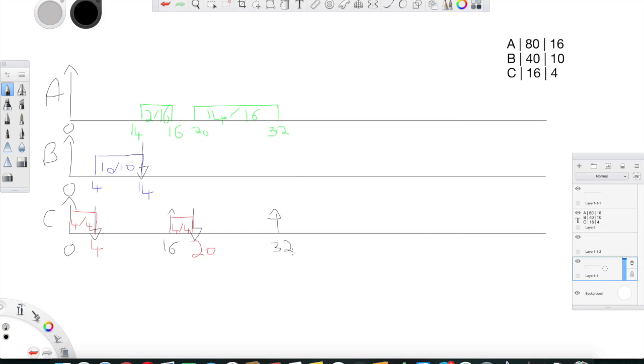Okay, once task C returned back to the system, it will execute for 4 clock ticks from 32 to 36. Okay, here is 4 out of 4. And since it finished execution, we will draw what? The downwards arrow.